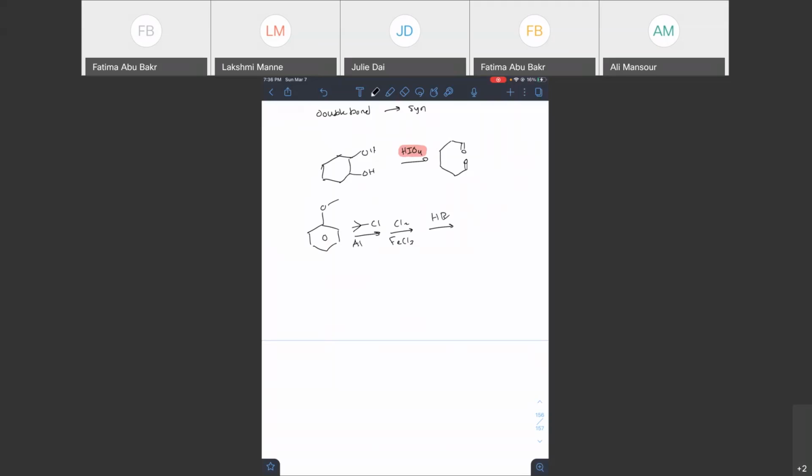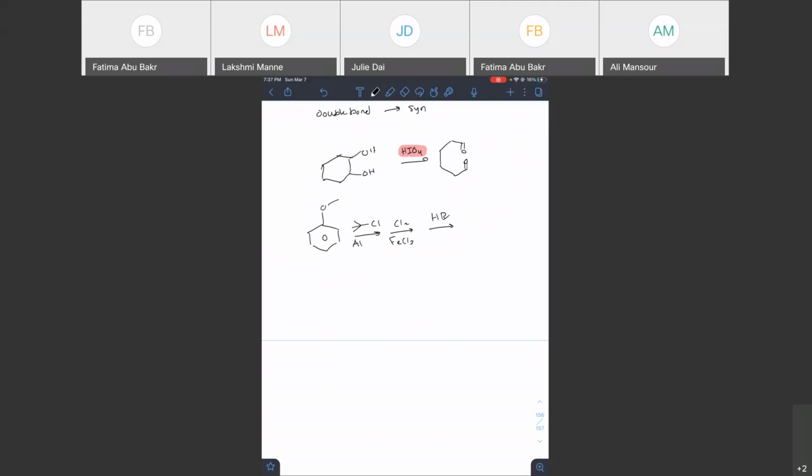So for the first one, if we remember based on our chart, this is going to be a very deactivating, but wait a second. I just need to think through this for a minute, because I can't really remember. I haven't reviewed this in a long time. I feel like it was deactivating and meta directing.